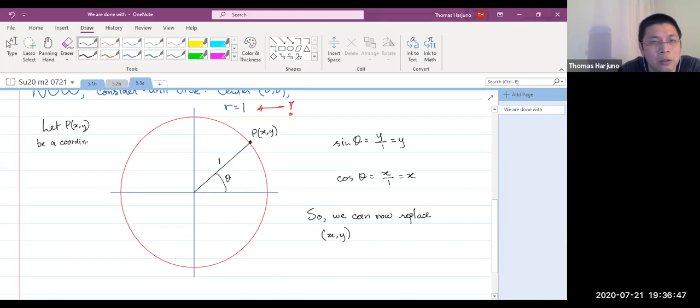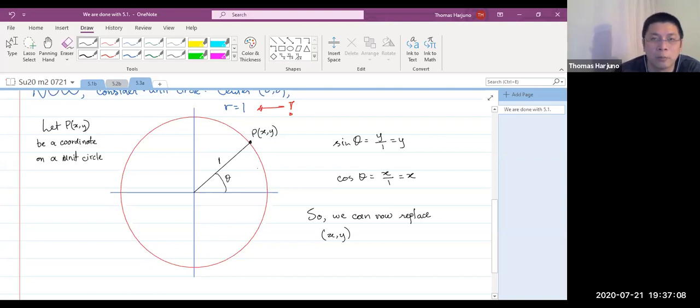Earlier in 5.2, I said that P is a coordinate on that circle. Right now, it is a coordinate on a unit circle. Because it is a unit circle, then the radius is 1.